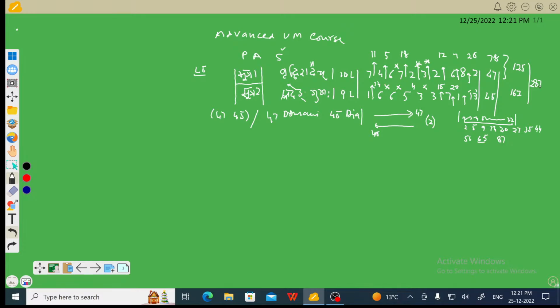Let us have a pause here. Let us revisit that we are having continuity for Sutra 1 as 47 and 78 as the gap values, making 125. And for the second, we are having 45 and 117, equal to 162.